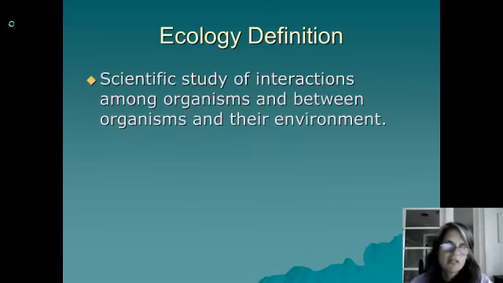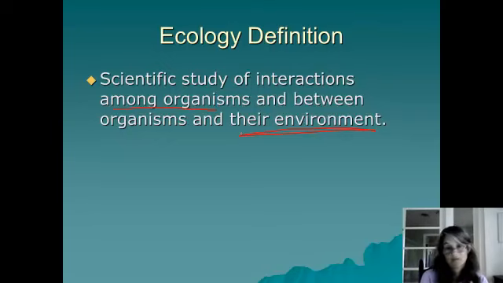So let's start with a definition of ecology. The scientific study of interactions among organisms, so among all the foxes and squirrels and trees and birds and so on, all the different organisms, how they interact with each other, but also not just the organisms, but also their environment, the non-living components of where they live, the water, the light, the temperatures and so on, and the impact of those factors on the organisms, okay?